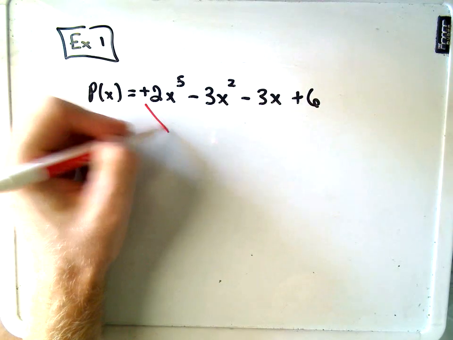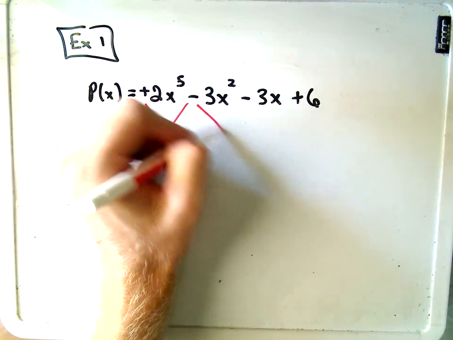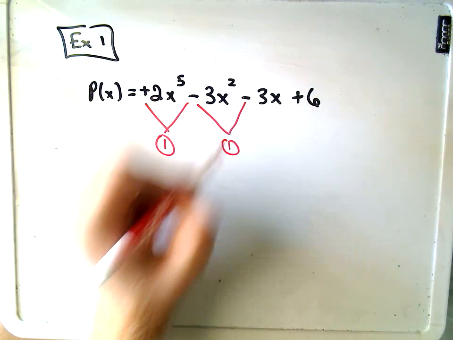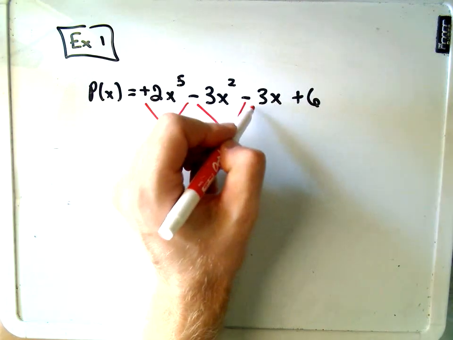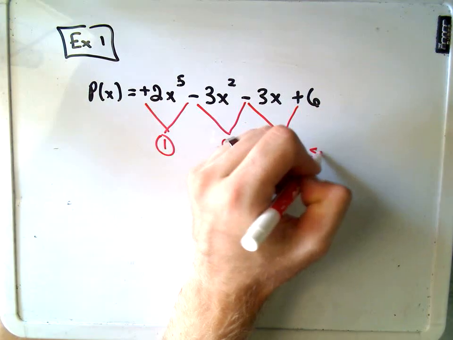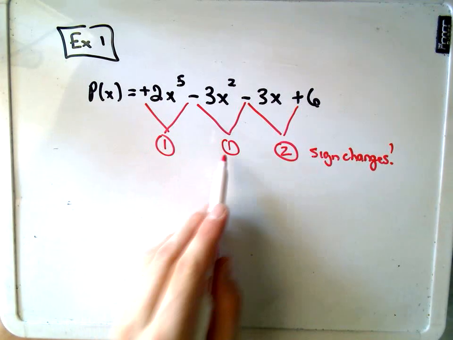And we have real coefficients. Notice it goes from positive to negative, so that's one sign change. It goes from negative to negative, so it didn't change sign, so we still have a total of 1 sign change at this point. And then if we go from negative to positive, that's a total of 2 sign changes. So I just count as I go from term to term.